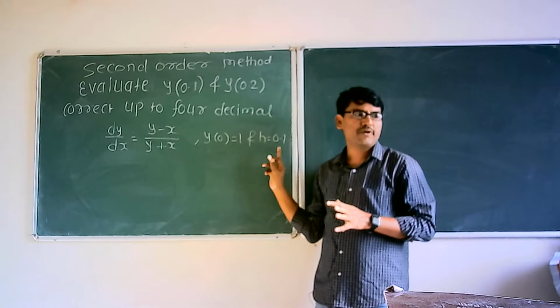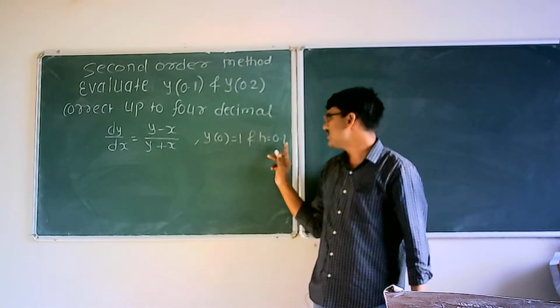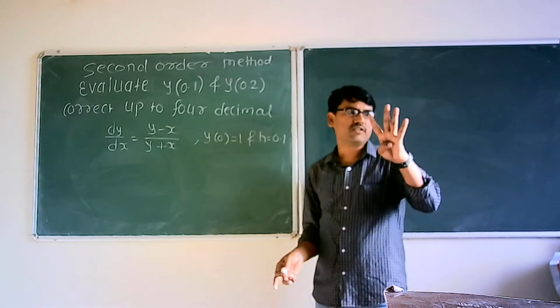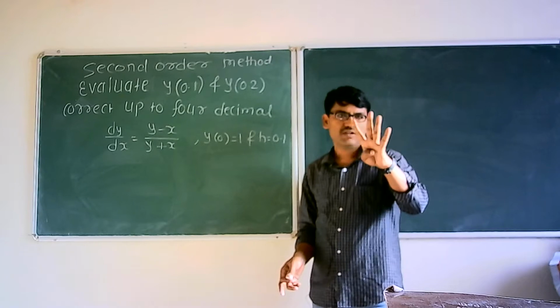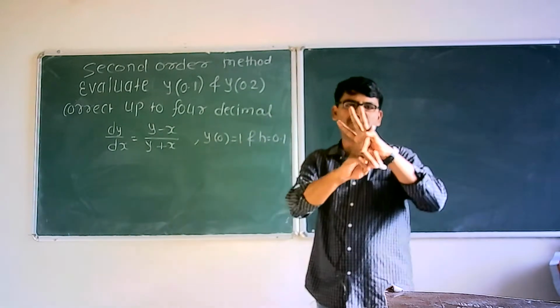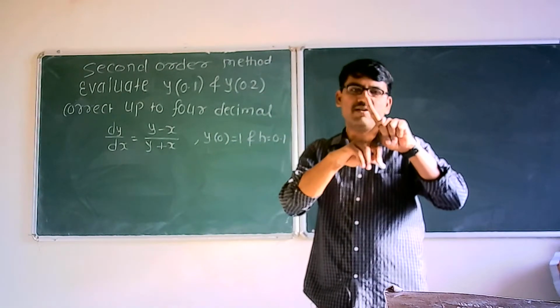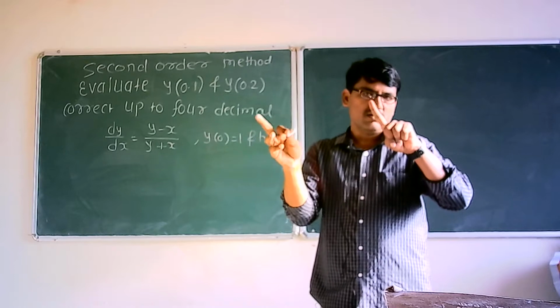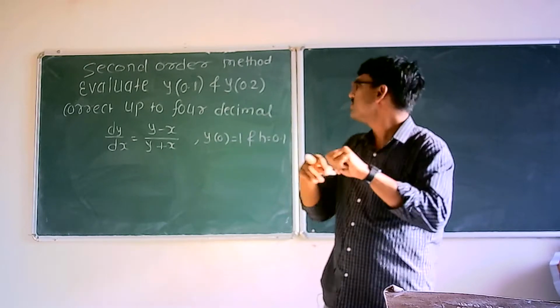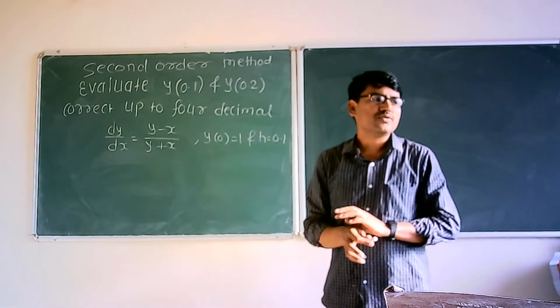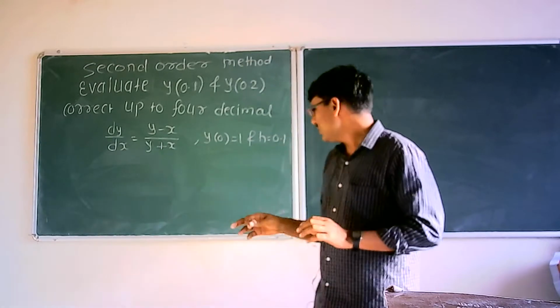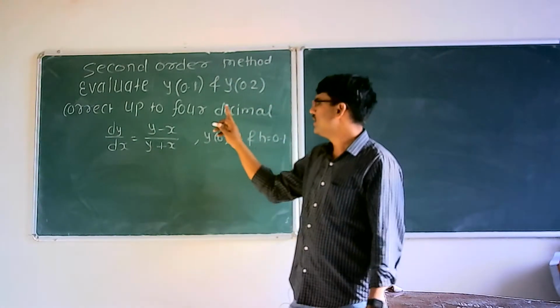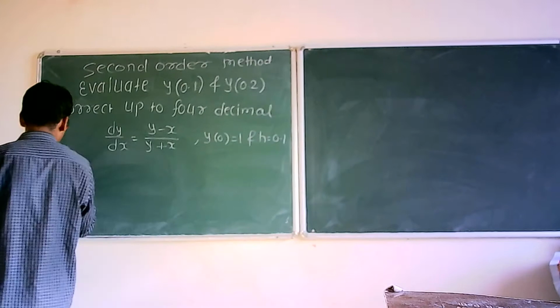The iterations depend on the value of h. If your h is 0.05, then you have to perform 4 iterations: first 0.05, then 0.1, then 0.15, then last 0.2.